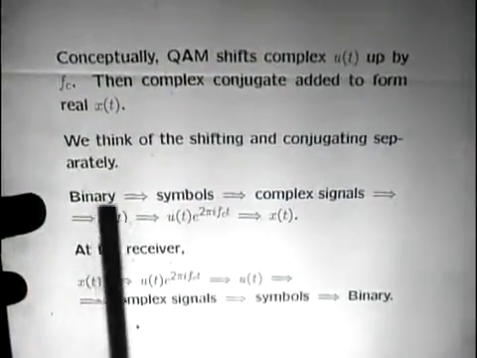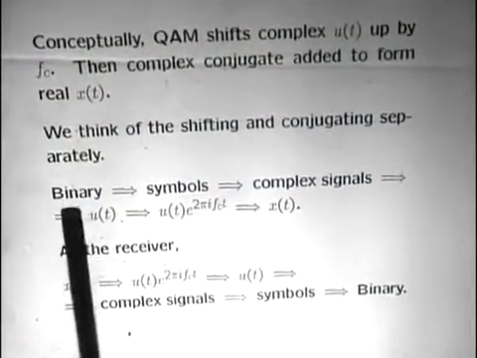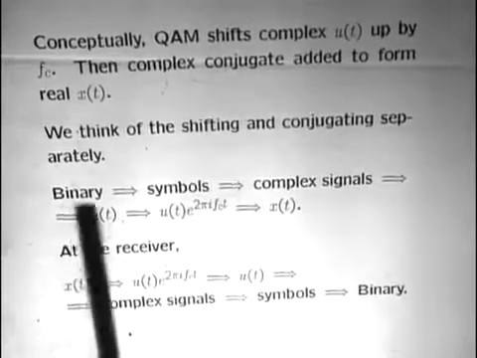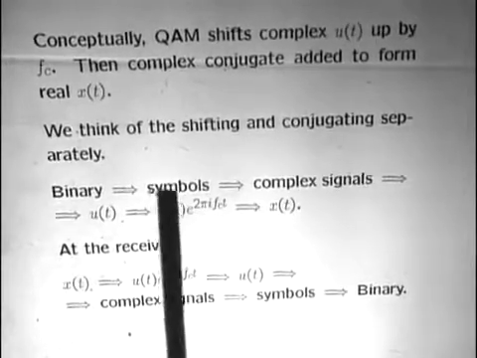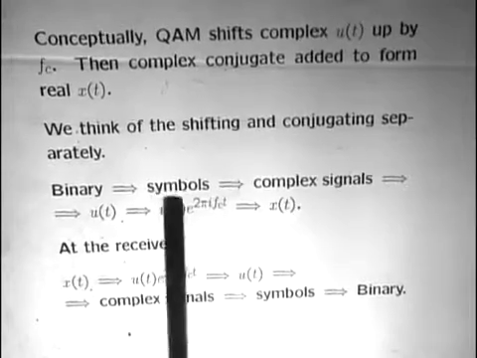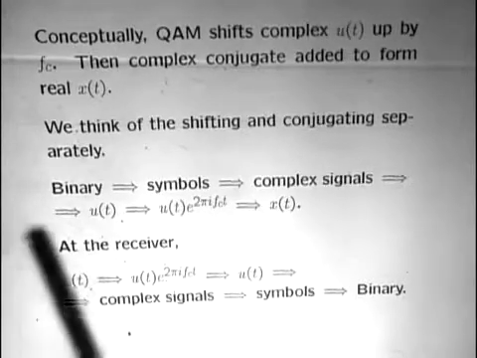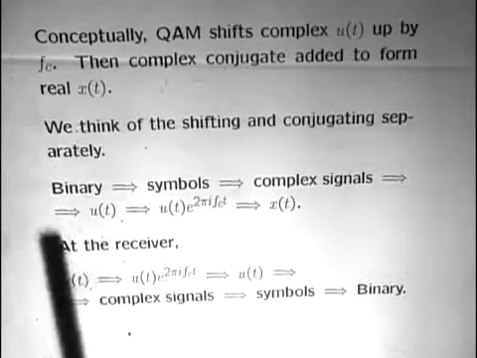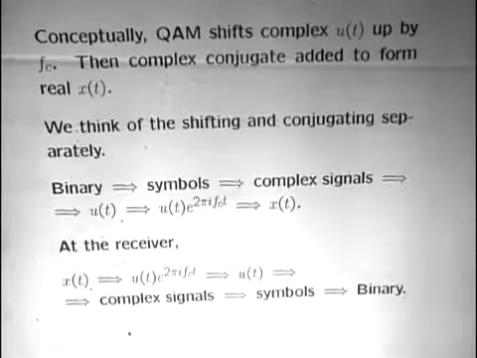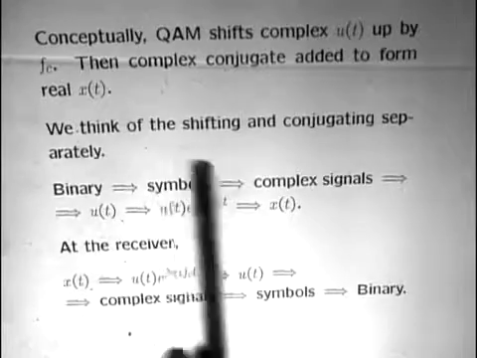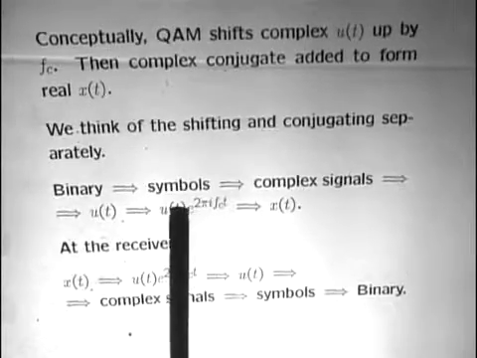So what we're going to be doing here is we're going to start out with binary data. From the binary data, we're going to go to symbols. And we're going to go to symbols by taking a number of binary digits, framing them into b-tuples. Each b-tuple will correspond to a set of 2 to the b symbols.